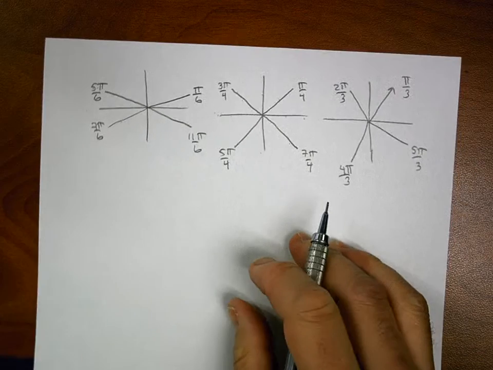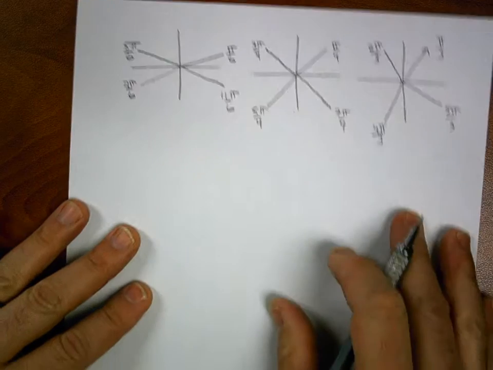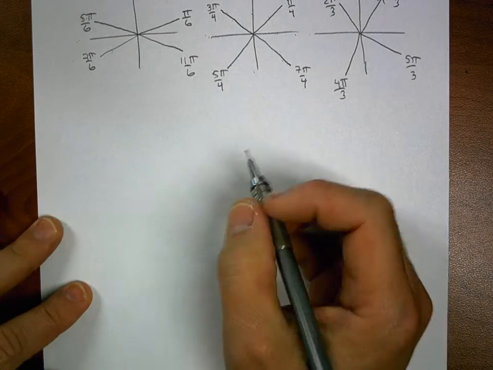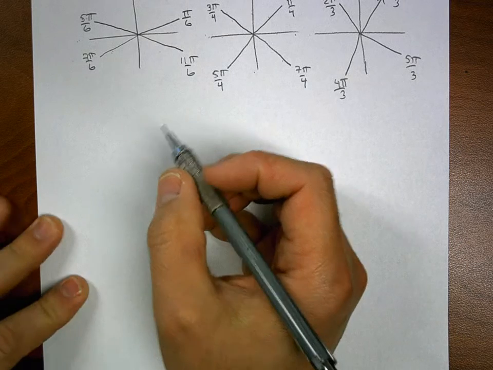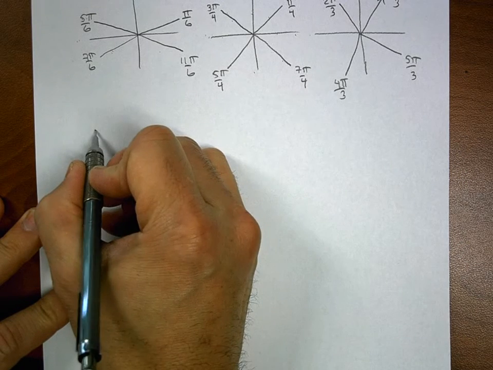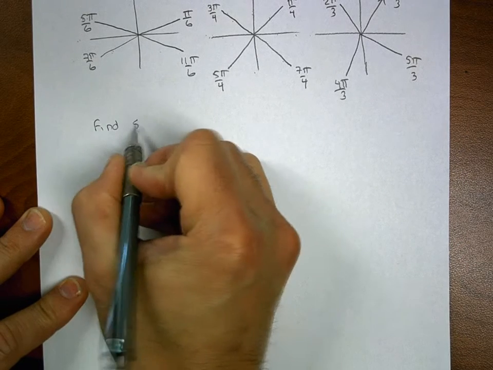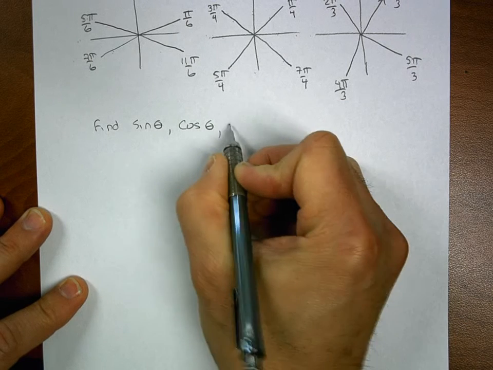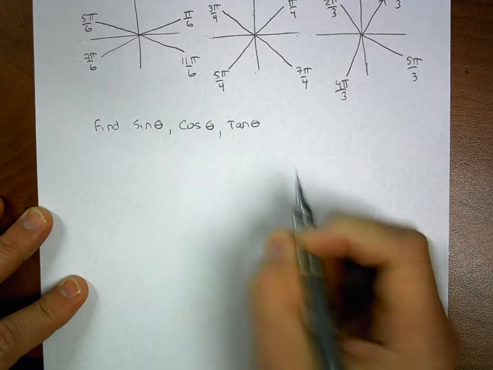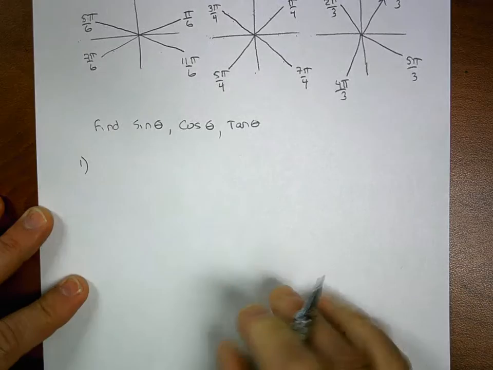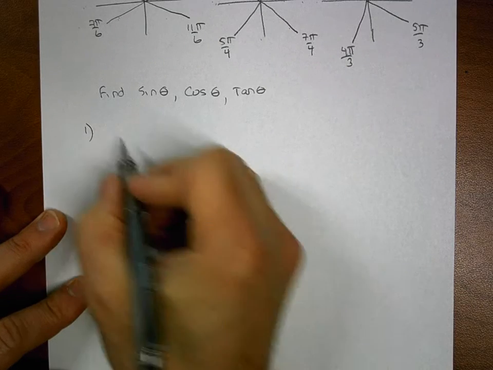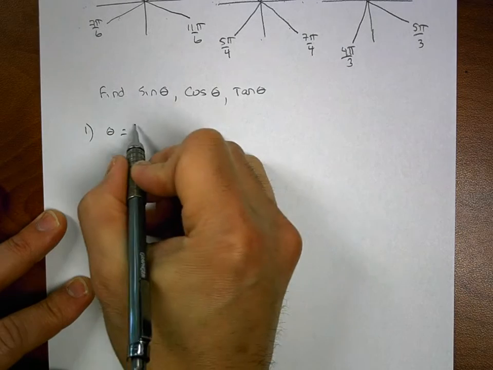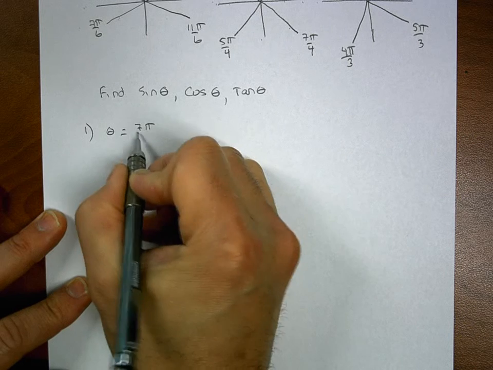So let's find some values, sine, cosine, tan, just like we did with degrees. So let's find the sine of theta, cosine of theta, and the tangent of theta. So let me start over with number 1. Let's say theta is 7 pi over 4.